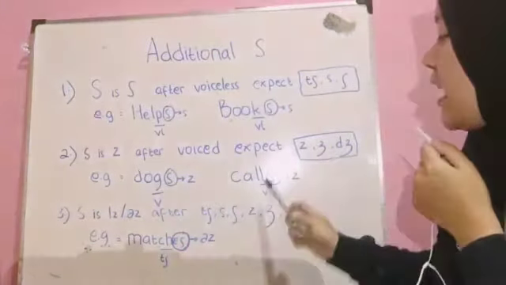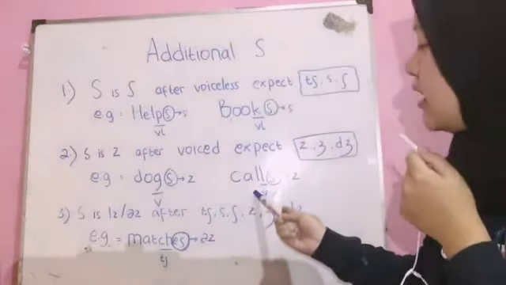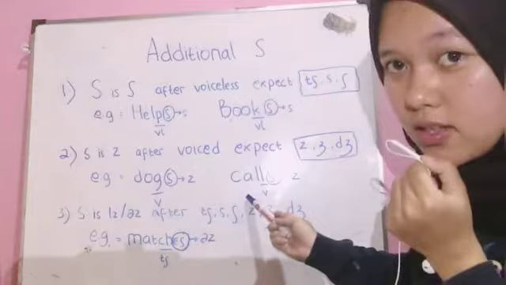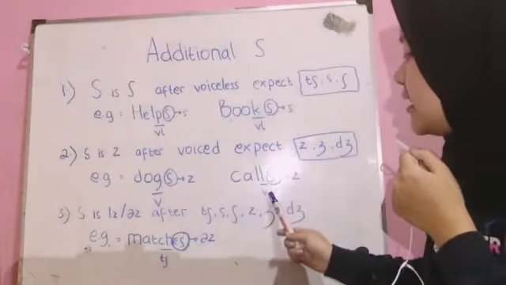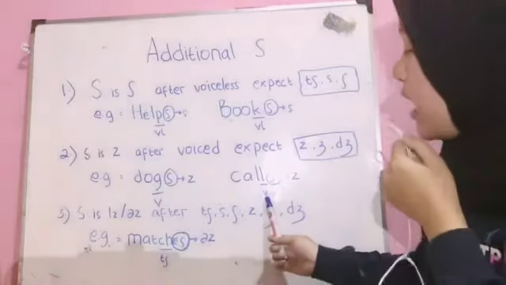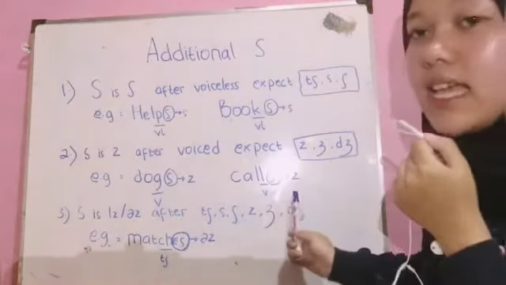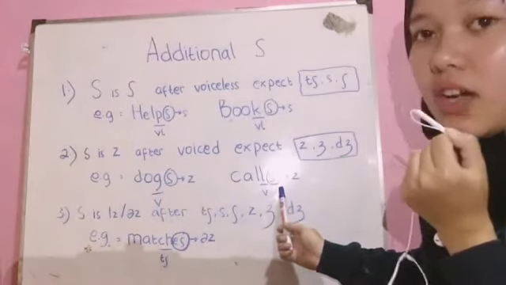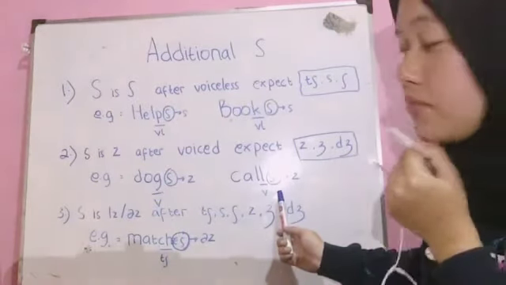And the next example is calls. Why? Because l in here is voiced, and s is z, and we can read calls.